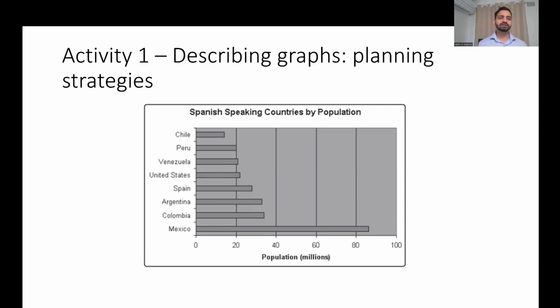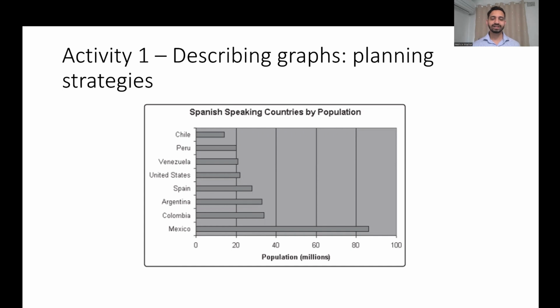So let's do activity number 1. Here, we're going to focus on planning strategies. So I want you to look at all the information that you can see in this image. So first up, we've got a title on this graph, right? So first of all, what kind of image is this? It's a graph, obviously, and the title of the graph is Spanish speaking countries by population.